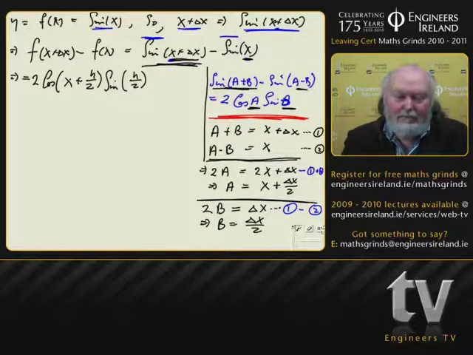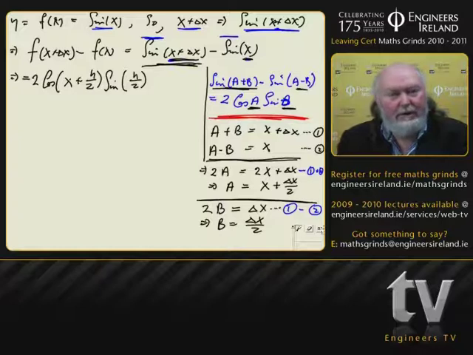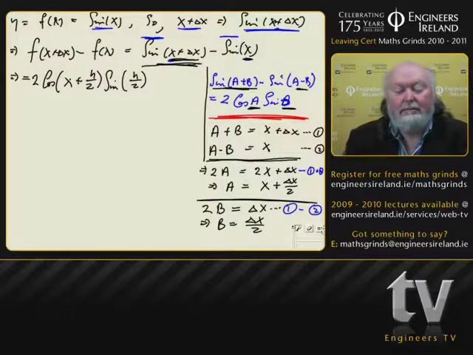Now then, what's the next step? From limits, you will find that there's one trigonometric trick in limits, and it's that the limit, as theta goes to 0, of sine theta divided by theta is 1. Here's a sine.